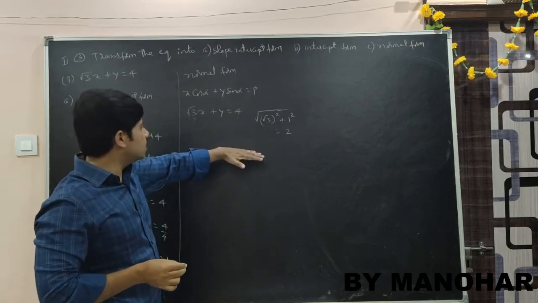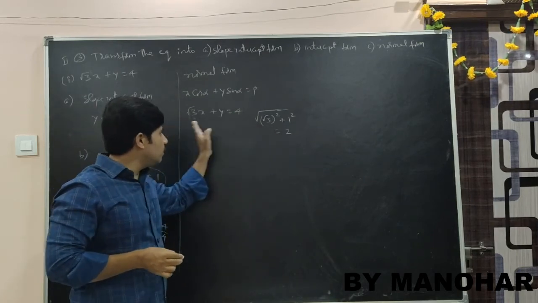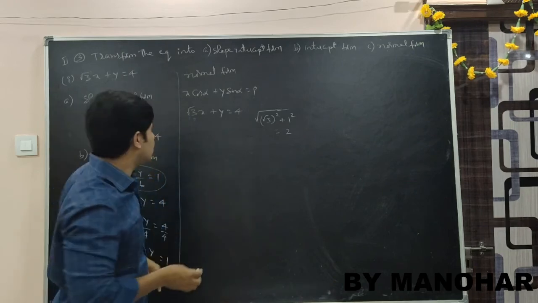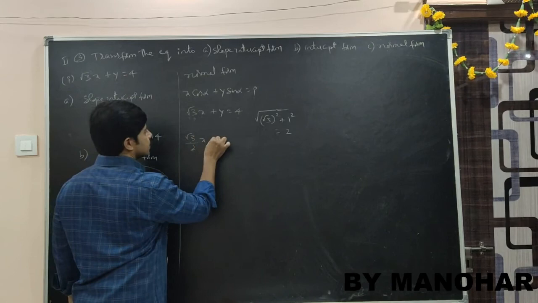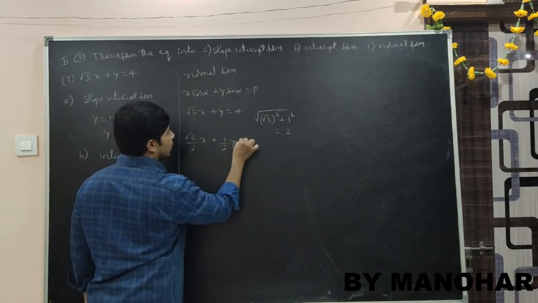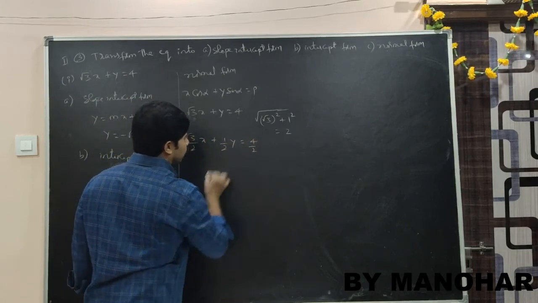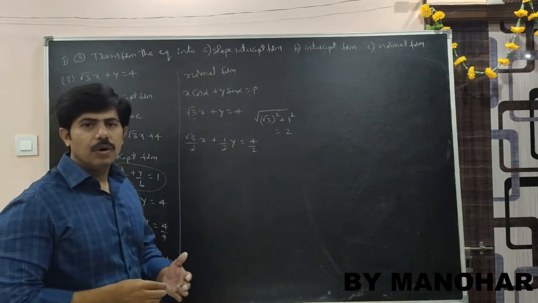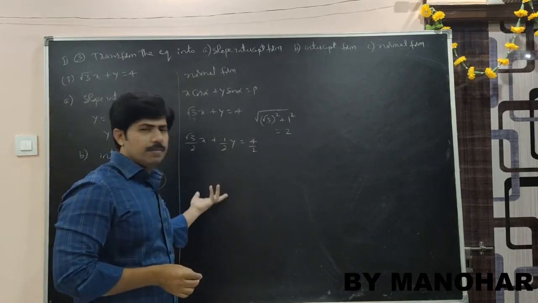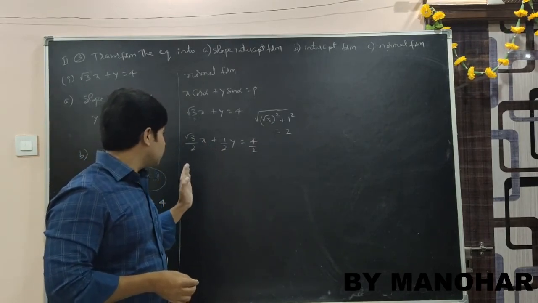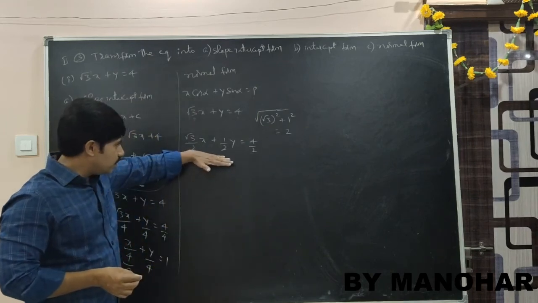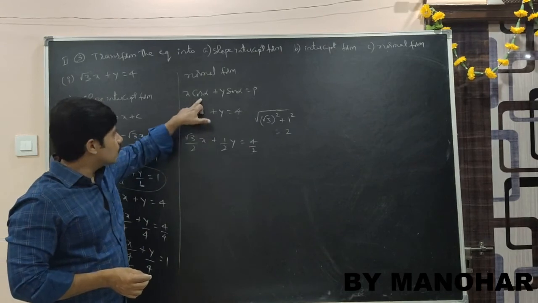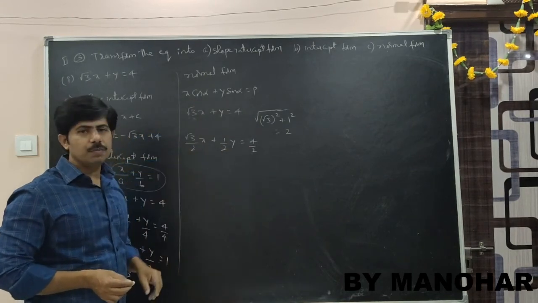So with this constant we need to divide the complete equation. So I am dividing, that is root 3 by 2 x plus 1 by 2 y is equal to 4 by 2. You can write y by 2 or you can write 1 into y by 2 also, no problem. Why am I splitting the coefficients? Whatever equation we get, I'll compare with x cos alpha plus y sin alpha is equal to p.